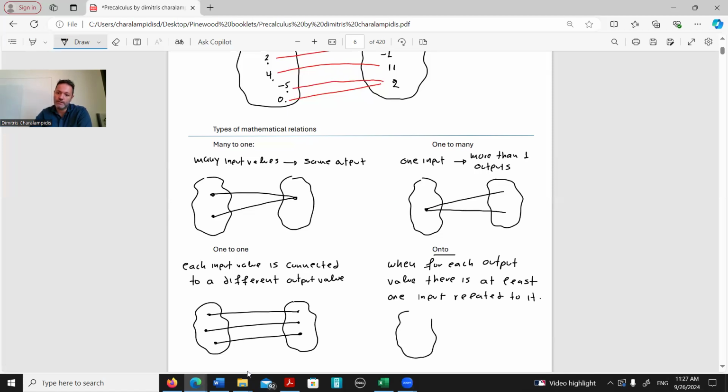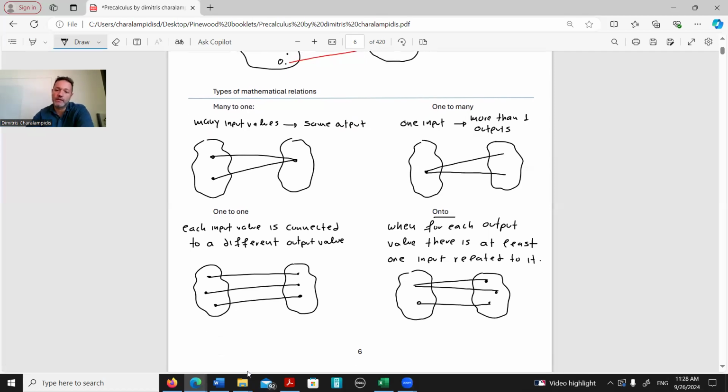So, for instance, this means, in more simple words, that I used all the output values. No output value was left. So this is an onto, but look, a non-onto relation would be this. From here to there, from there, this was left out. So, non-onto.